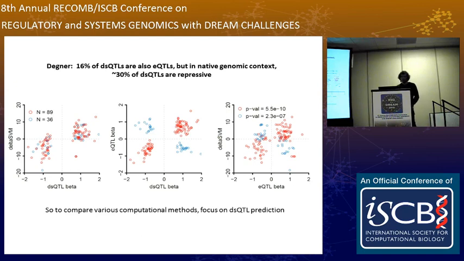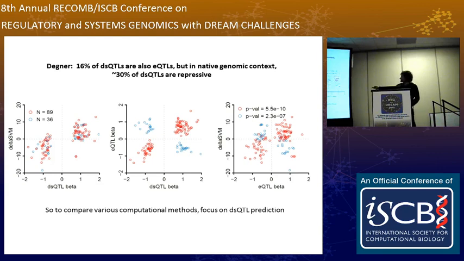There's a complication with predicting enhancer activity using the DHS data that we have to train on, and that is that while not most, some fraction of the DSQTLs are also eQTLs, which means they have an impact on enhancer activity or the expression of some gene. In their native context, about 1/3 of the DSQTLs are actually repressive. So we've shown that delta SVM correlates positively with DSQTL beta for all the DSQTLs that are also eQTLs.